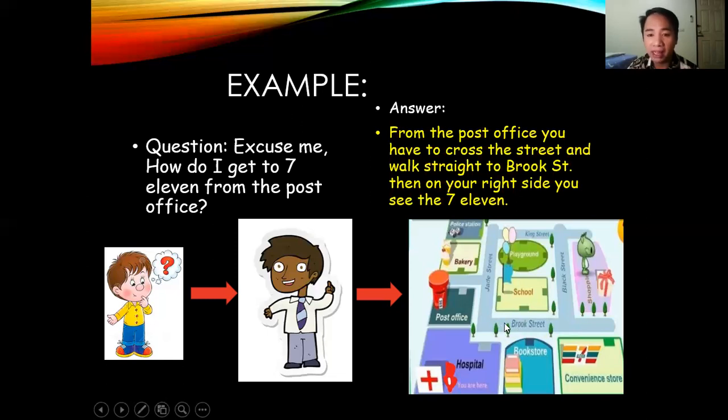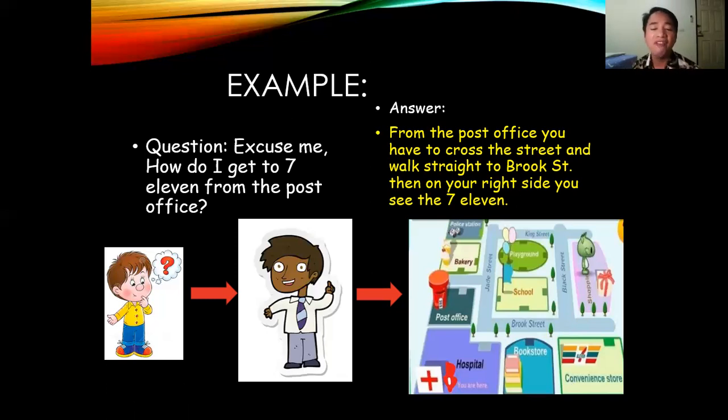When you walk straight to the Brook Street, then on your right side you can see the 7-Eleven next to the bookstore. So that's how you answer or give instructions.